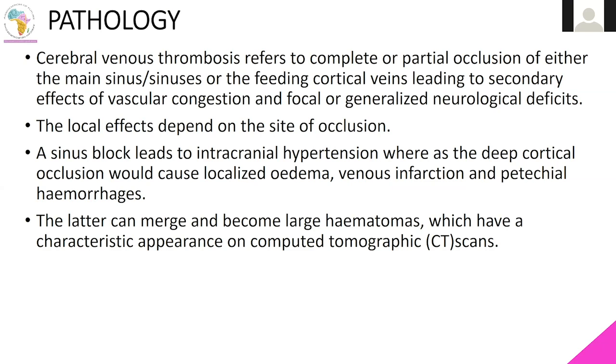It's very important to know this difference because it will help you in making the diagnosis and guessing where the lesion is found. The latter can merge and become large hematomas, which have a characteristic appearance on computed tomography.